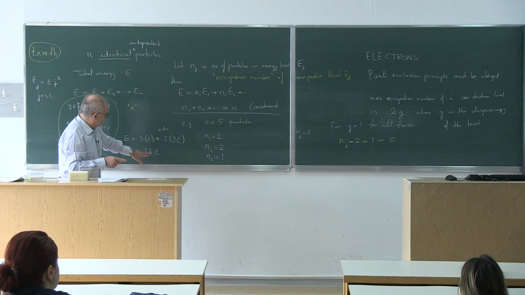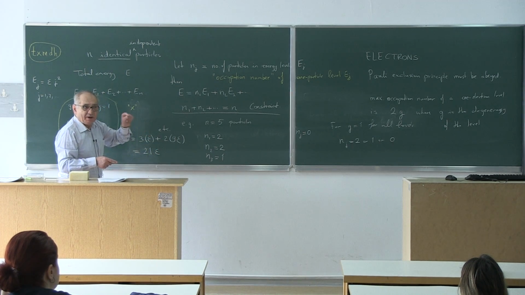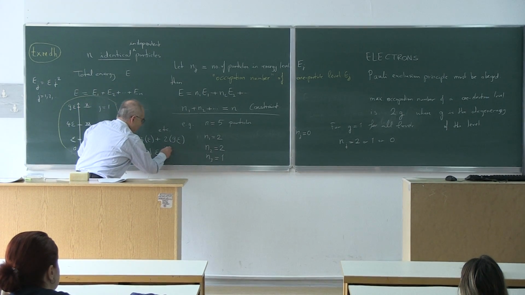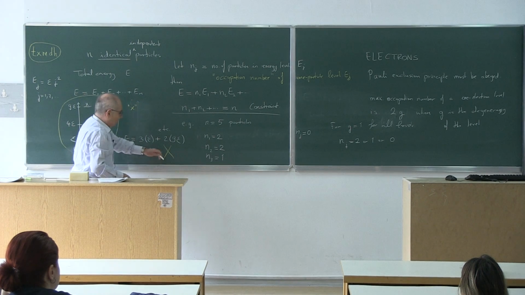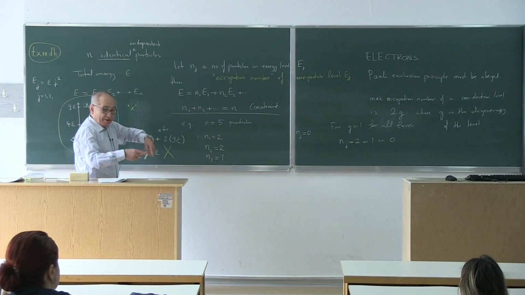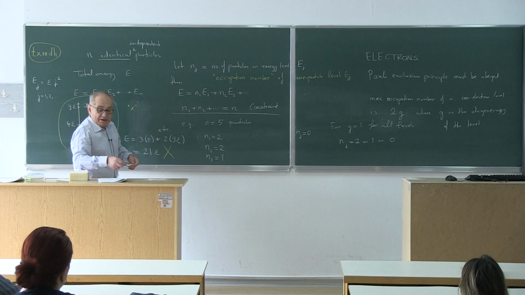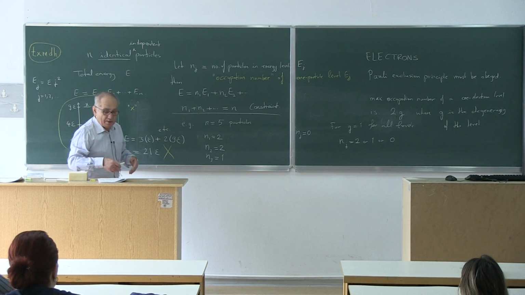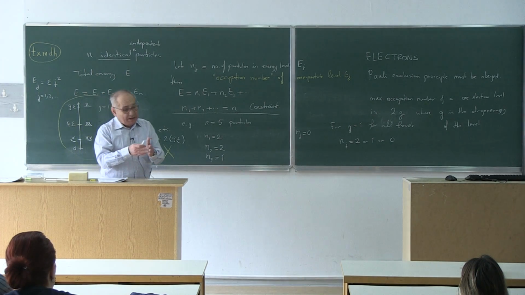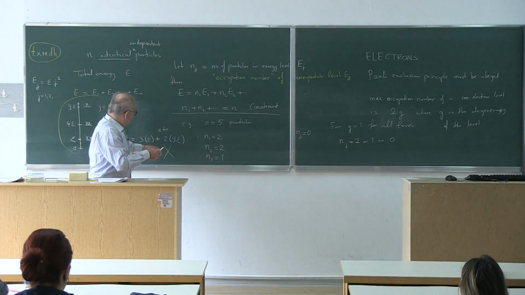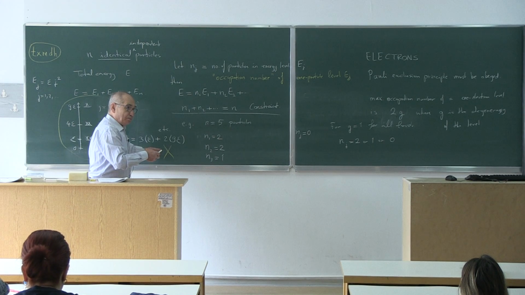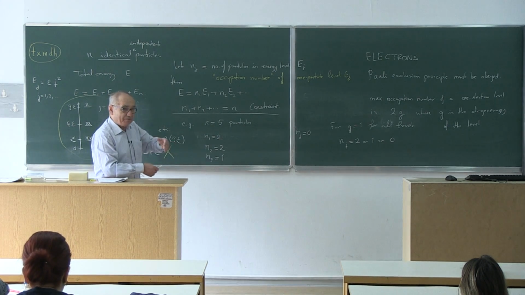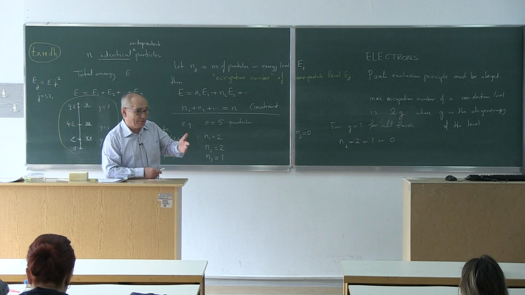Also note that this total energy, 21 eps, is not allowed because of the Pauli principle when we are considering electrons as our independent particles. Such an energy would have been possible if the particles were not electrons.